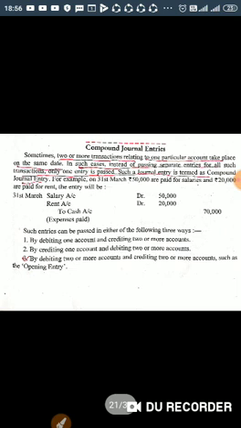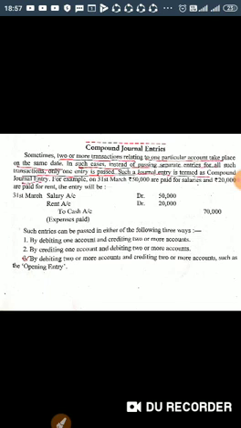Another concept is compound journal entry. Till now we have discussed transactions in which two accounts are involved, but it is not a hard and fast rule. In day-to-day life there are transactions that take place where there could be a common account for two or three transactions.